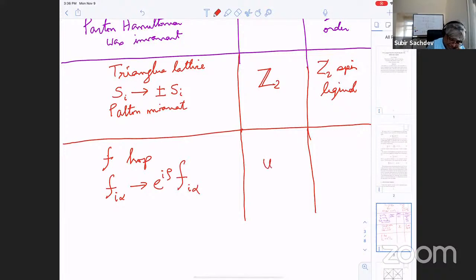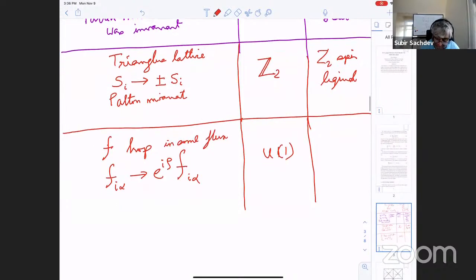So the gauge symmetry is U1. These could hop in some background flux, as we'll see, some emergent mean field flux. So we're going to see that today.